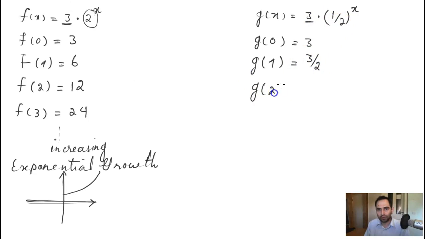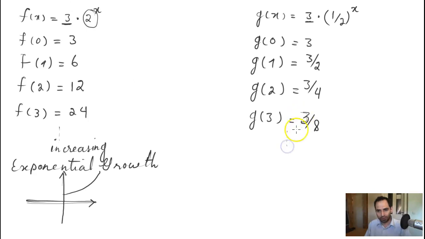G of 2 becomes one half squared, which is 1/4, so this becomes 3/4. G of 3 becomes one half raised to the third power, which is 1/8, so 3/8. You can see that the denominator is getting bigger and bigger, so the whole fraction is getting smaller and smaller.